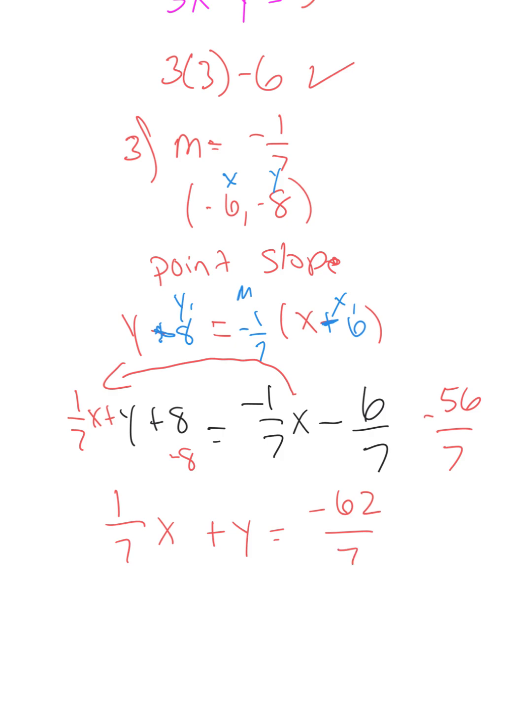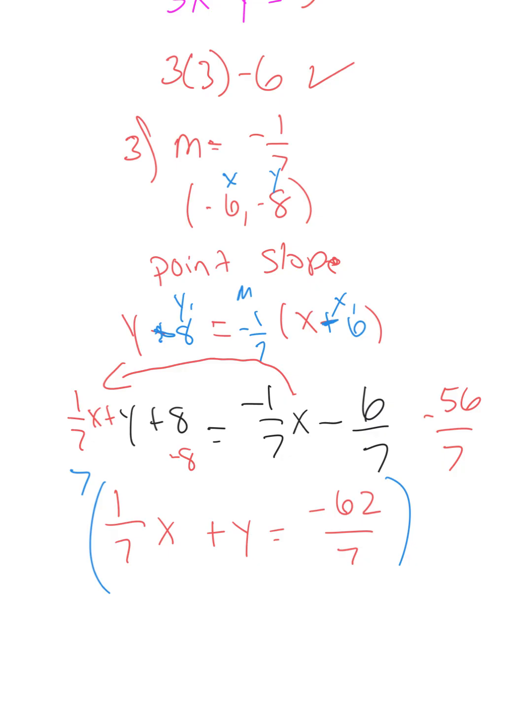So if we're going to get rid of the fraction, what are we going to multiply by? What's on the bottom? 7. So you're just going to multiply by 7. So not bad. Remember, when you have the same on the top and the bottom, they do what? They cancel out. 7 divided by 7 is just 1. So these two will cancel out.